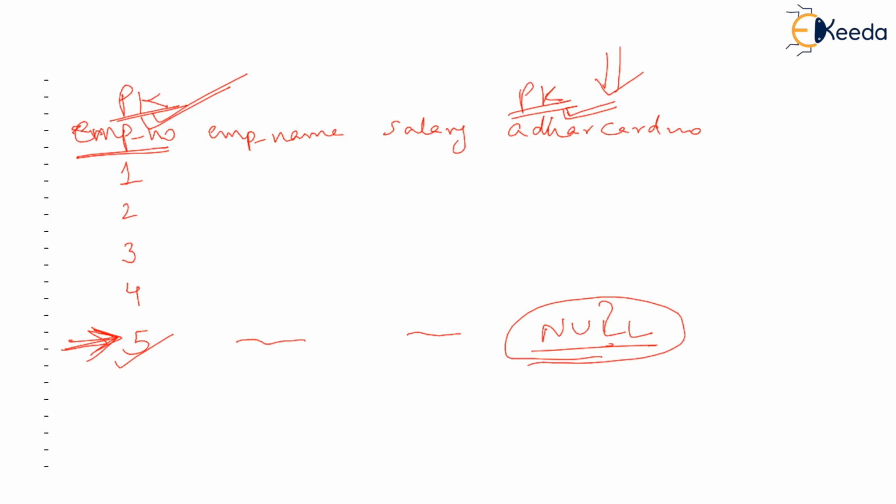But the same problem here is employee number 7, maybe, who has lost his or her PAN card and has applied for a new one and is going to get a new PAN card number. In that case, this employee number 7 will have employee number, name, salary, even Aadhaar card number, but she doesn't have PAN card number. So PAN card number will be null.